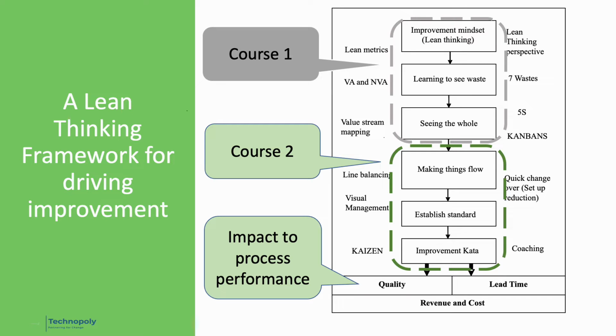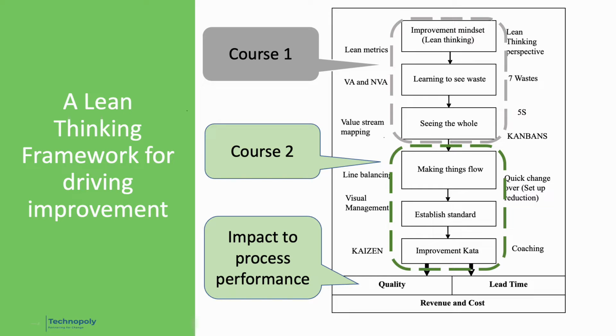Let's look at the lean thinking framework that we are using throughout this program. We started with course 1, where the focus was more on understanding the improvement mindset and how we see the waste and how you see the whole, which is the end-to-end process. In this course, we started to understand how we can make this process flow and move forward.